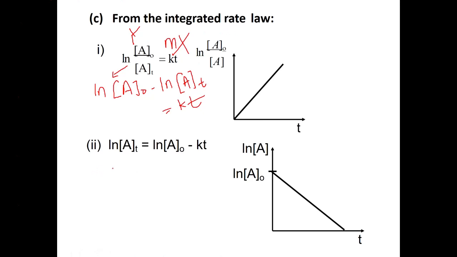Another choice is you can plot ln concentration A at a particular time is equal to ln initial concentration A minus kt. This one is your mx, this one is your c, this one is your y.